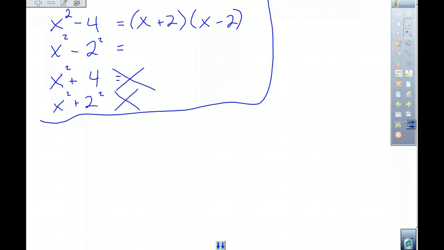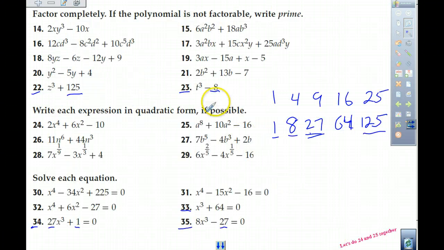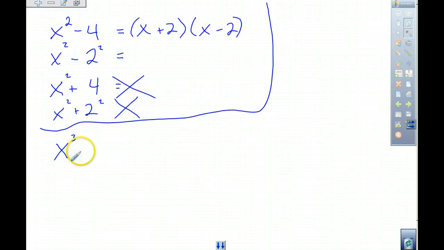Now, what if we have cubes? So x cubed, let's say, minus 8. How does that factor? Okay. So, first of all, we have to recognize, well, this is indeed a difference of cubes.